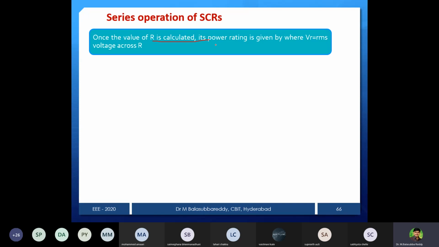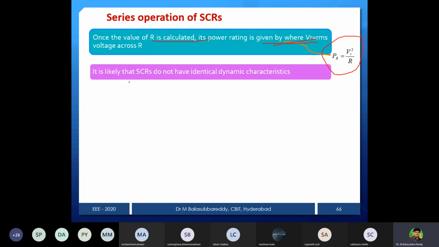And once the R value is calculated, for the power rating, VR, that is the RMS voltage across R, we can see that the power rating is PR is equal to V square by R. So SCRs do not have identical dynamic characteristics as well. We overcame one problem: under static condition, there is unequal voltage sharing of each SCR because the leakage currents or leakage resistances are different.